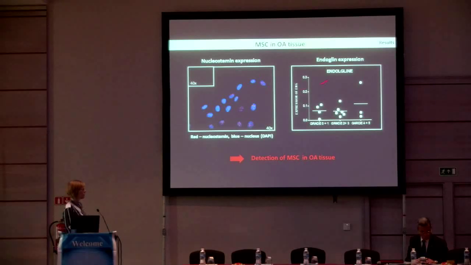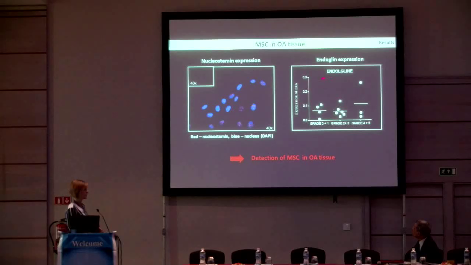These are the results on the osteoarthritic tissue, cells isolated from the last stage of osteoarthritis, grade 4, and we can see in the cells, by immunofluorescence, expression of nucleostemin, which is a marker of mesenchymal stem cells, in the nucleus of the cells, presented in blue.